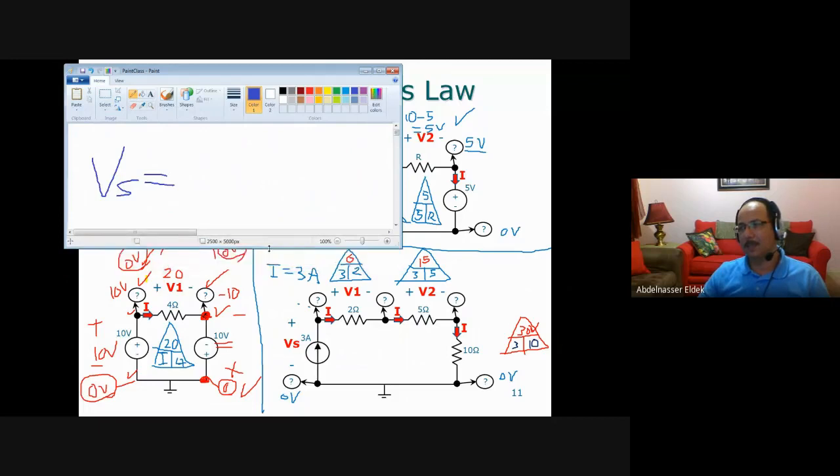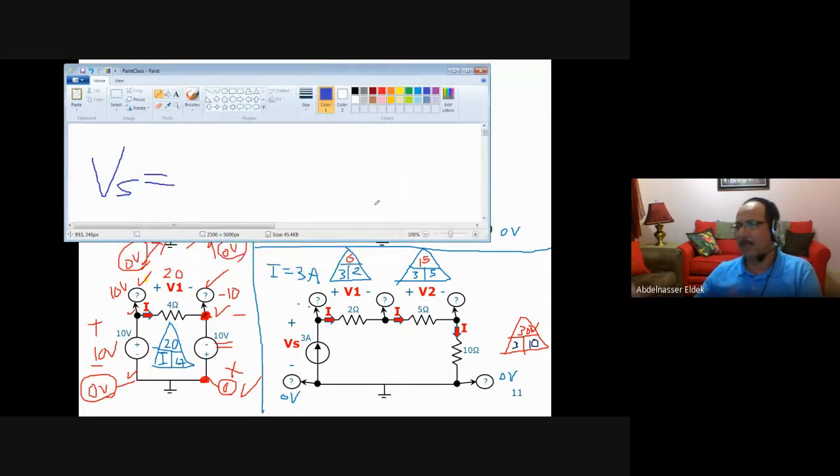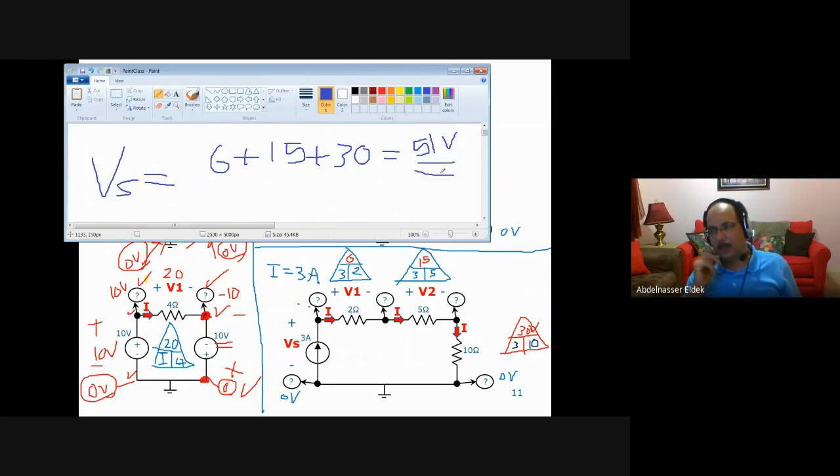You have one source and one element has 30 volt, one element has 15, one element has 6. So you can add them: 6 volt plus 15 plus 30 volt. So 6 plus 15 is 21, plus 30 is 51 volt. So this is one way to do it.